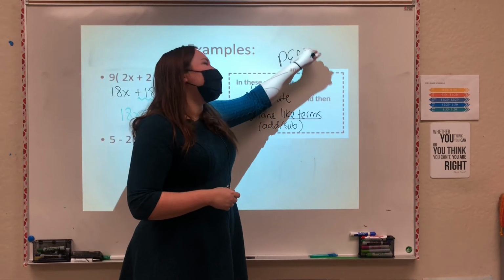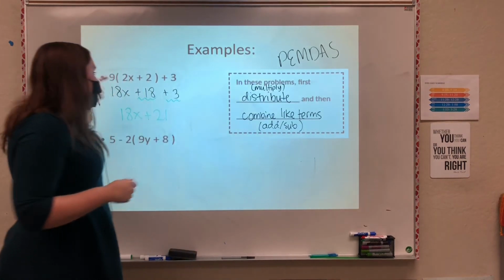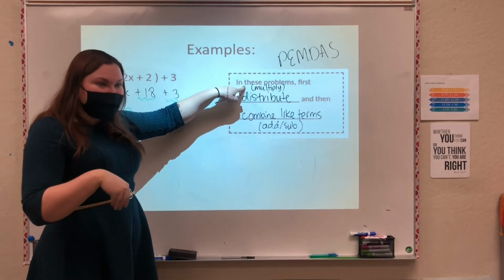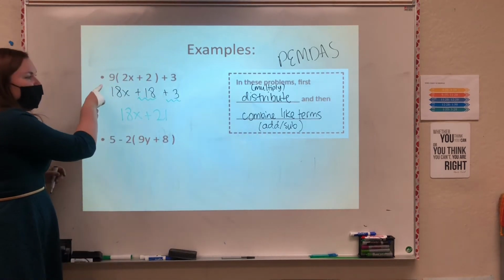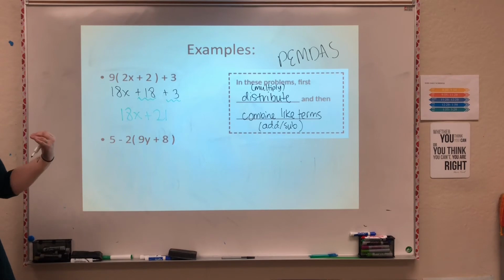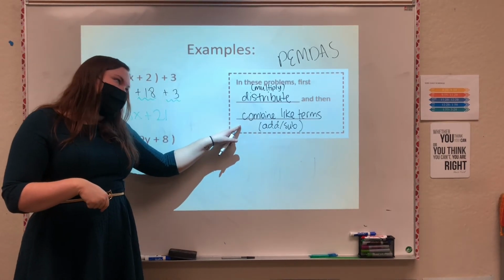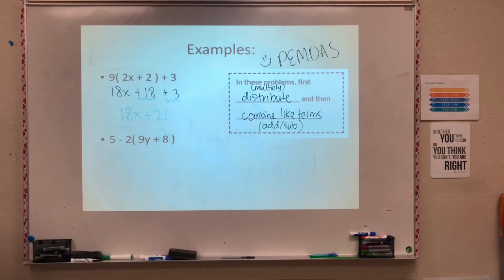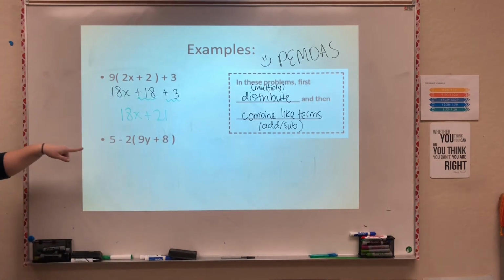Even though this was specifically for numbers, it's true here too with variables. We're doing the multiplication first before adding and subtracting. You're going to have to distribute first and then combine like terms because it's going back to our favorite thing, PEMDAS.